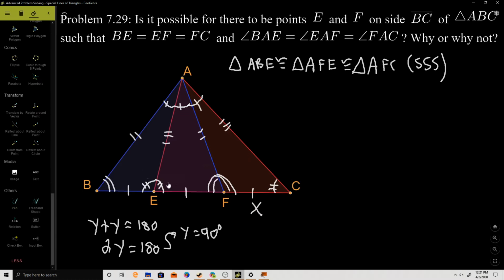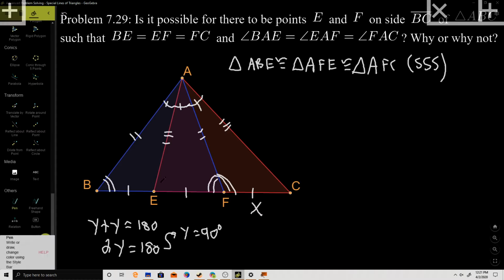So these measures here are right angles. Right angle here, and even a right angle over here. Well, that's cool. But the same logic can apply with these two angles. I'll call this measure Z. And we'll do the same thing.